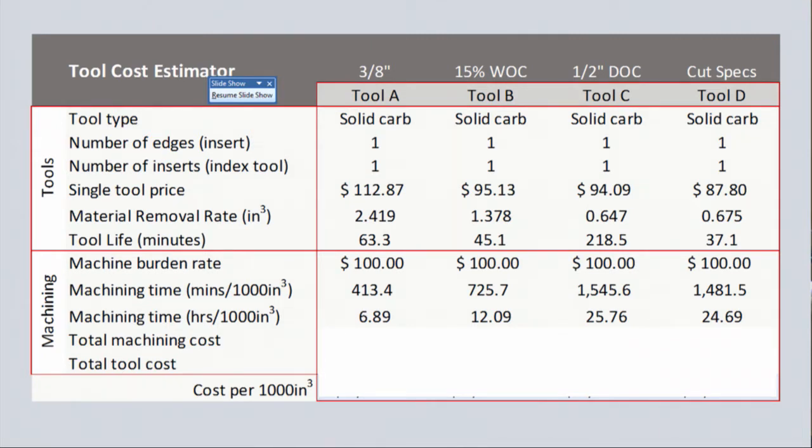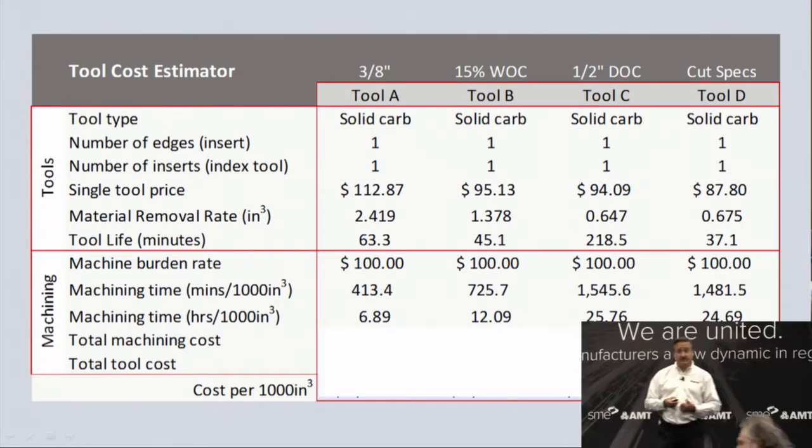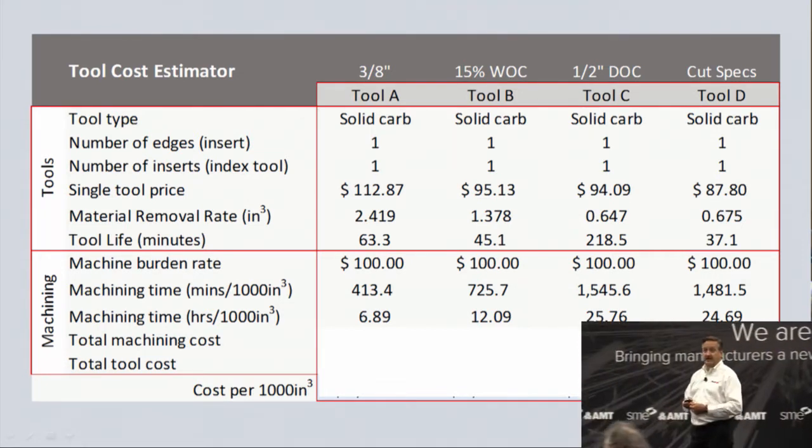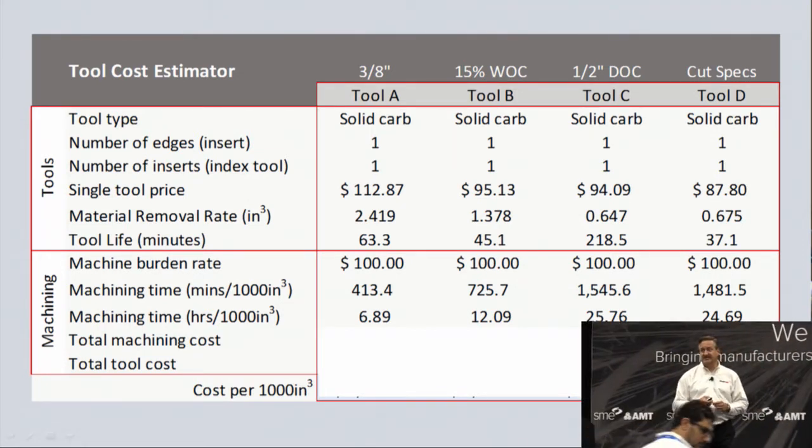On solid carbide tool 1, they were a little bit more aggressive with the cut parameters. However, the other three tool vendors were a little bit more conservative with what they were running for feed per tooth and surface footage recommendations. All right, so the material removal rates really aren't there. Tool life ranges from 37 minutes all the way up to 63 minutes of solid in-cut time, cutting time.